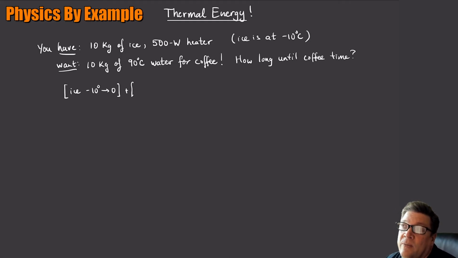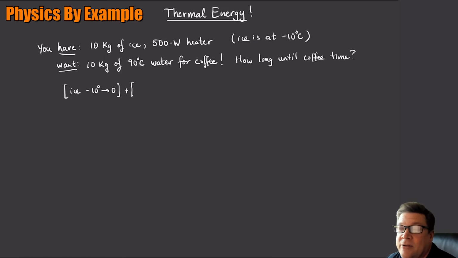You keep dumping energy in, even though it's at 0 degrees, and it doesn't change temperature. All that happens is you're breaking the bonds. So you need to dump a bunch of energy in to make it all water at 0 degrees.